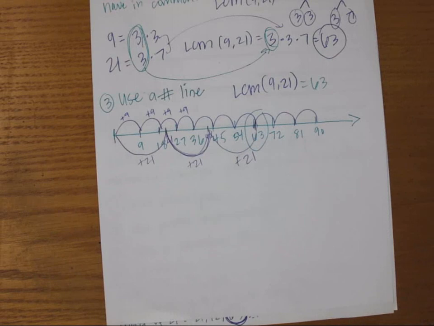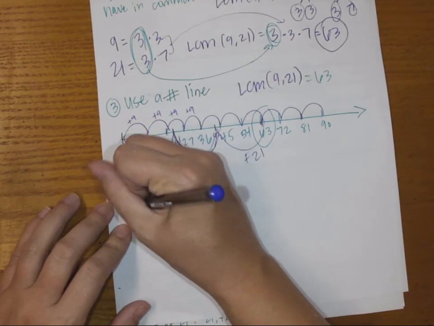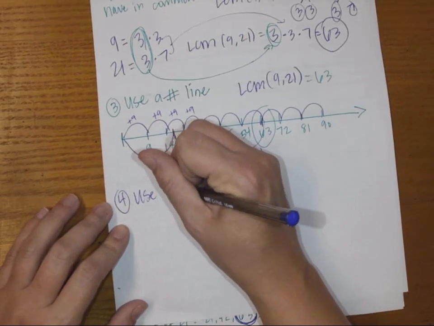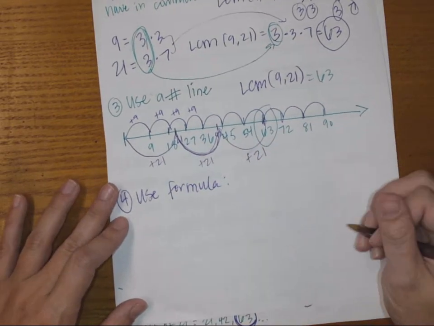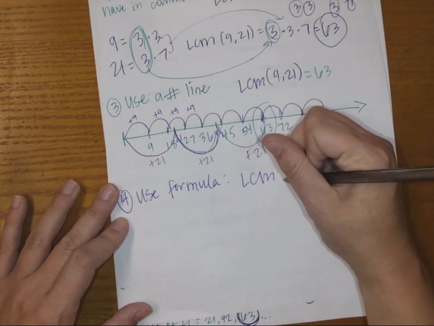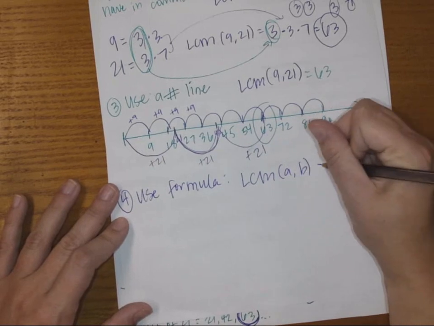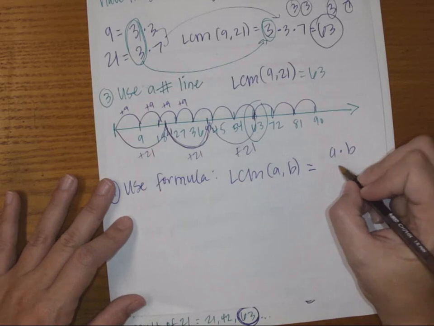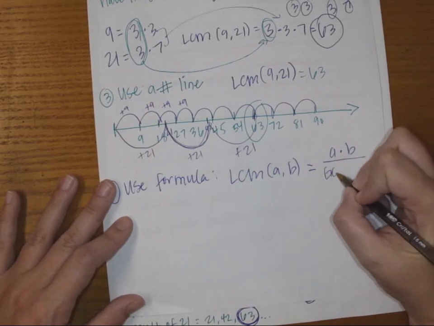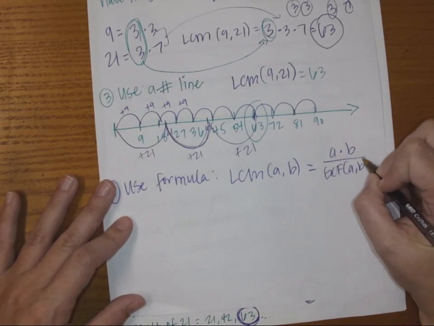The last way that we are going to find the least common multiple is using the formula. The formula is the least common multiple of two numbers A and B is equal to the two numbers multiplied together, A times B, divided by the greatest common factor of those two numbers.